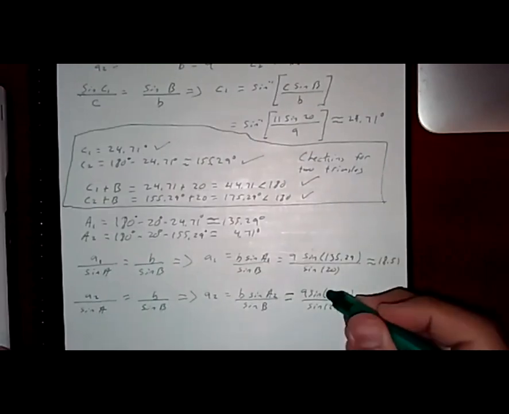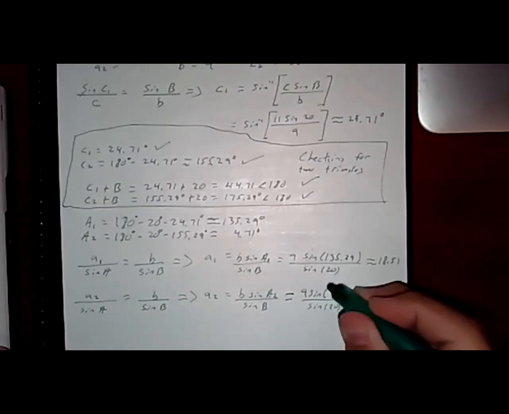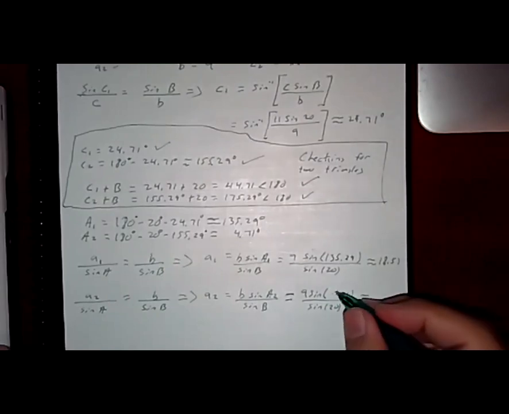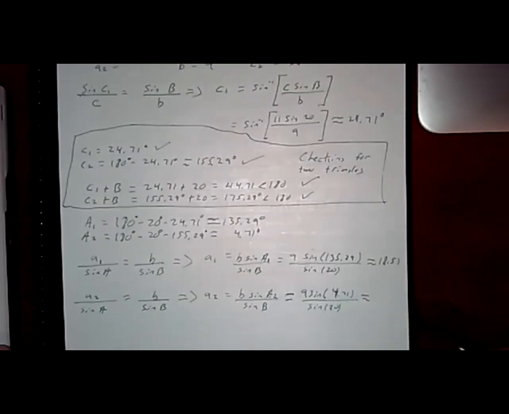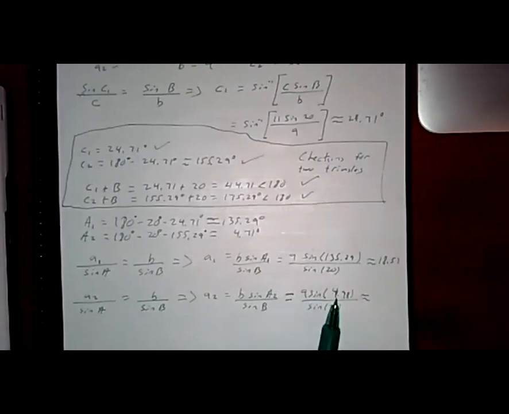There we go. Only thing that changes is this last step here. So we're good. Not a big deal. I was afraid I'd have to erase like two lines or something, but we're good. So there should be a 4.71 in here.